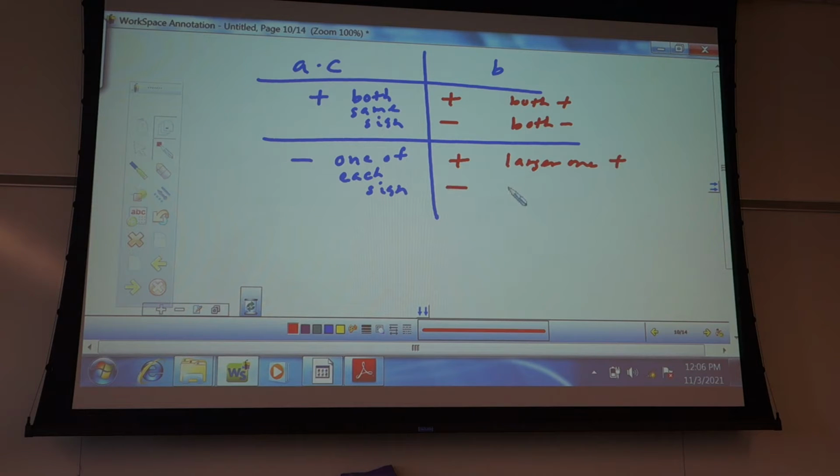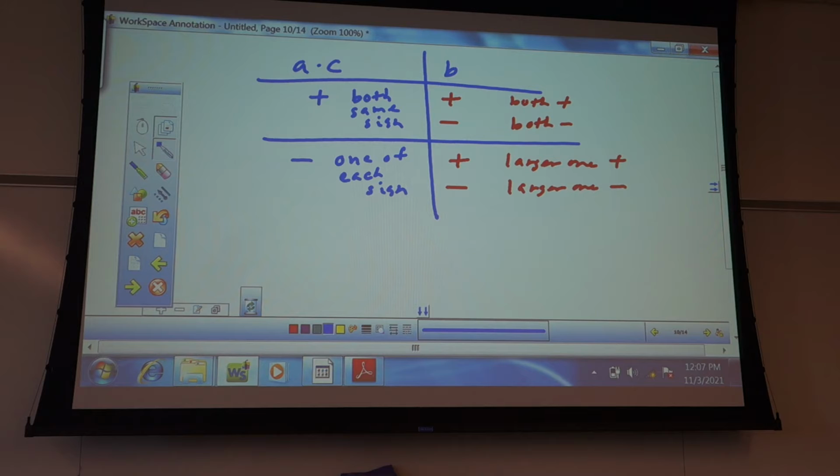If it's negative, that means the larger one is negative. Is that more complicated? I haven't ever done this for folks before. I haven't ever spread it out like this before.